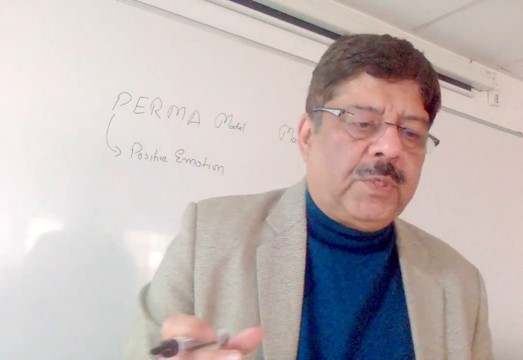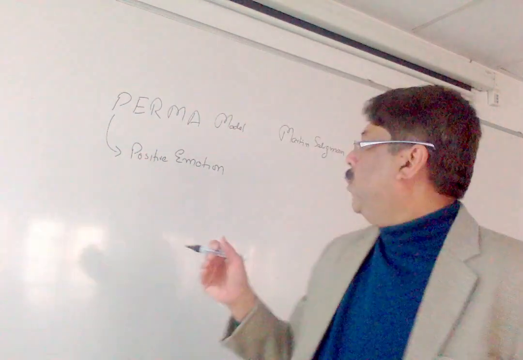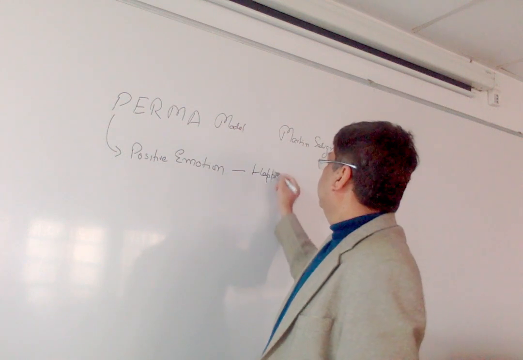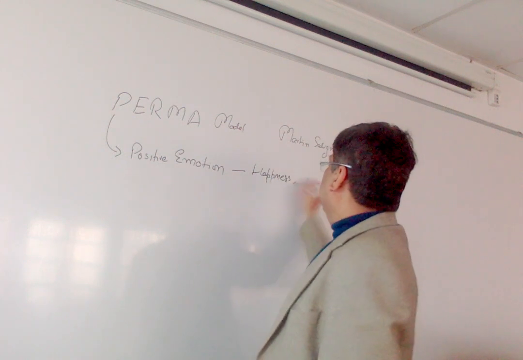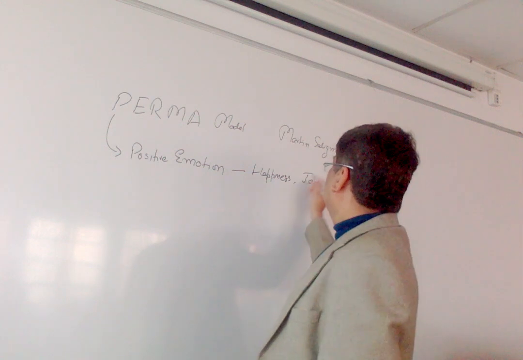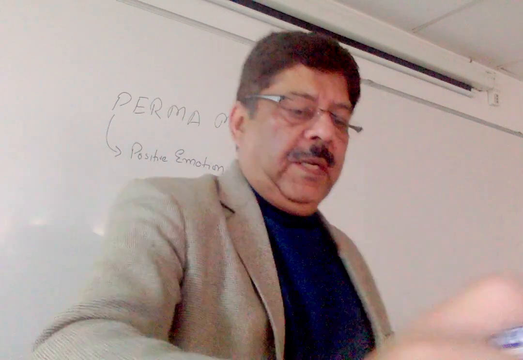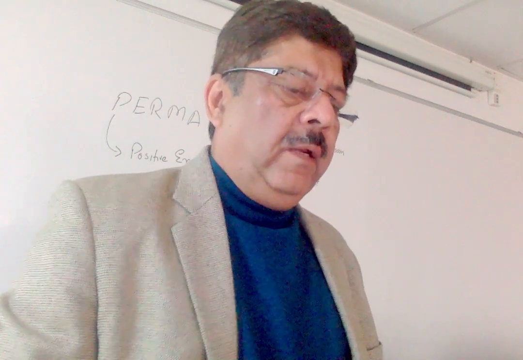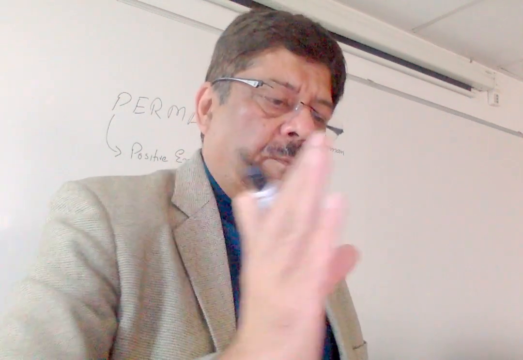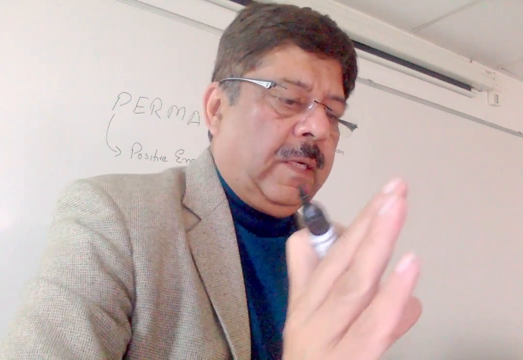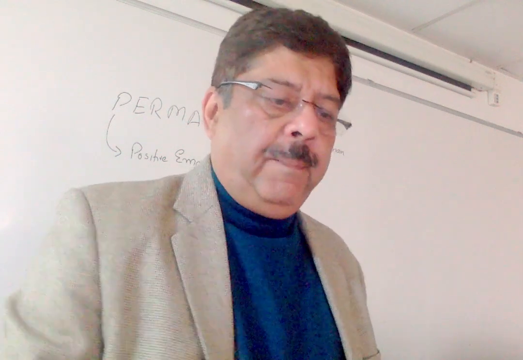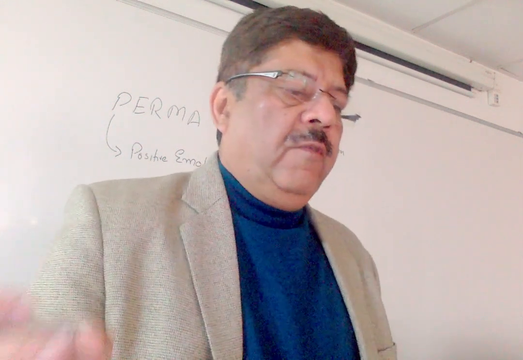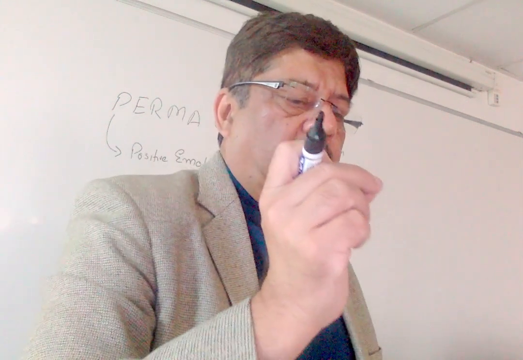Positive emotion is happiness. There is the emotion of joy, the happy state. So according to Martin Seligman, the first thing which contributes to our happy state, our positive well-being, is positive emotions.